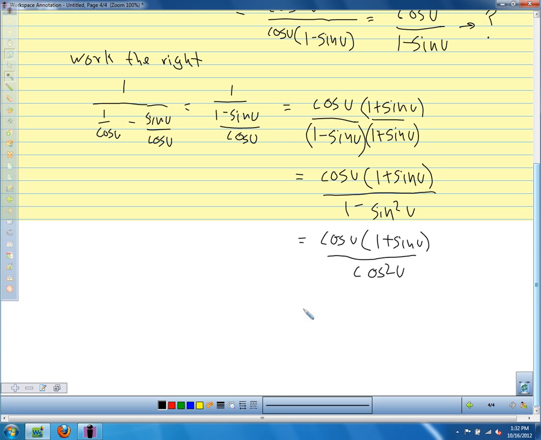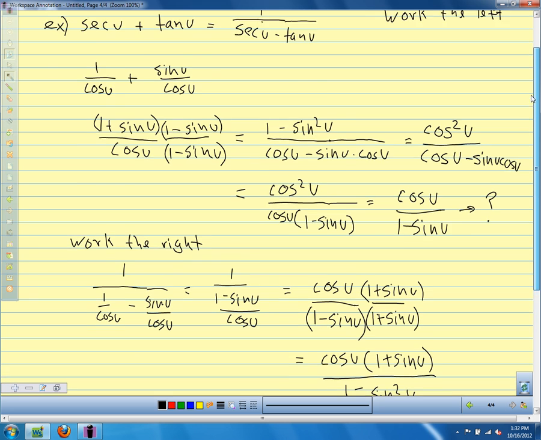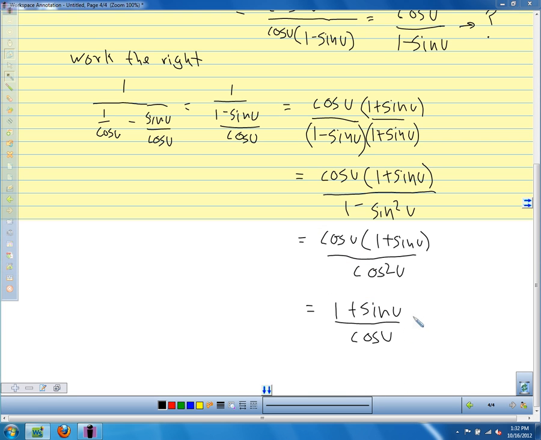I can cancel one of these cosines. This is 1 plus sine u over cosine u. And now I got to where I wanted to go. I can split this into two fractions. This is 1 over cosine u plus sine u over cosine u.